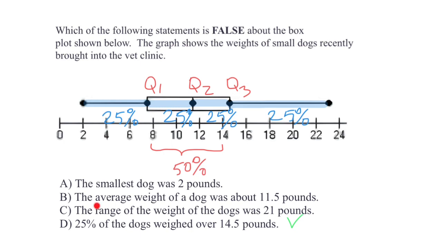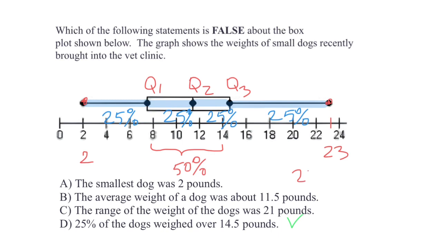Next, statement C. The range of the weight of the dogs was 21 pounds. Take a look. This dot here represents the minimum, so it represents 2 pounds. And this dot here, which represents the maximum, as you see, equals 23 pounds.